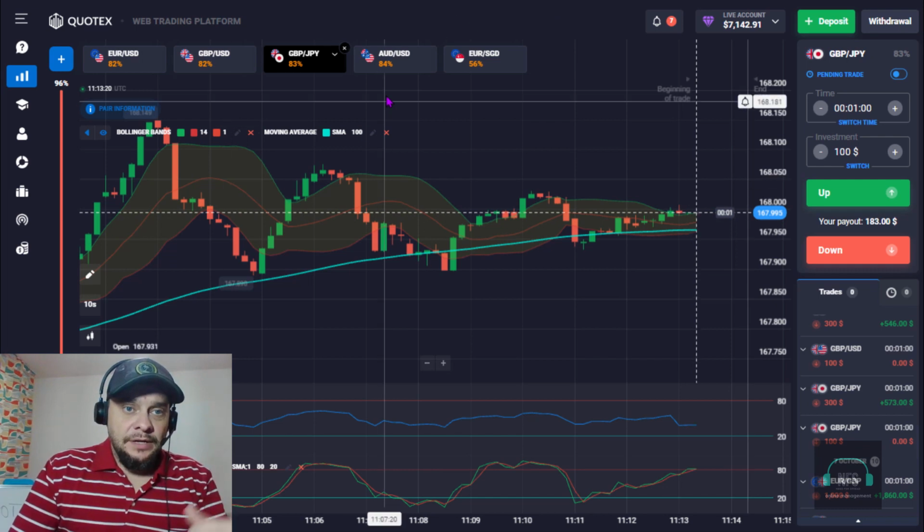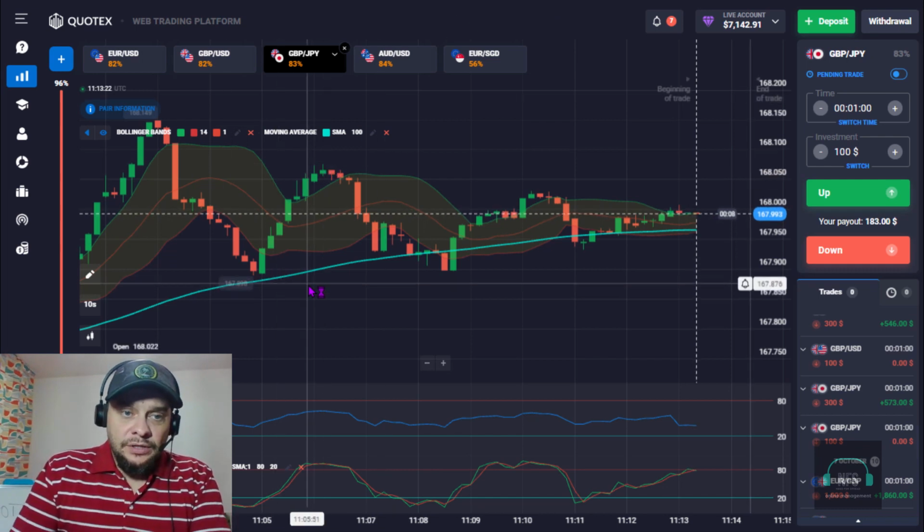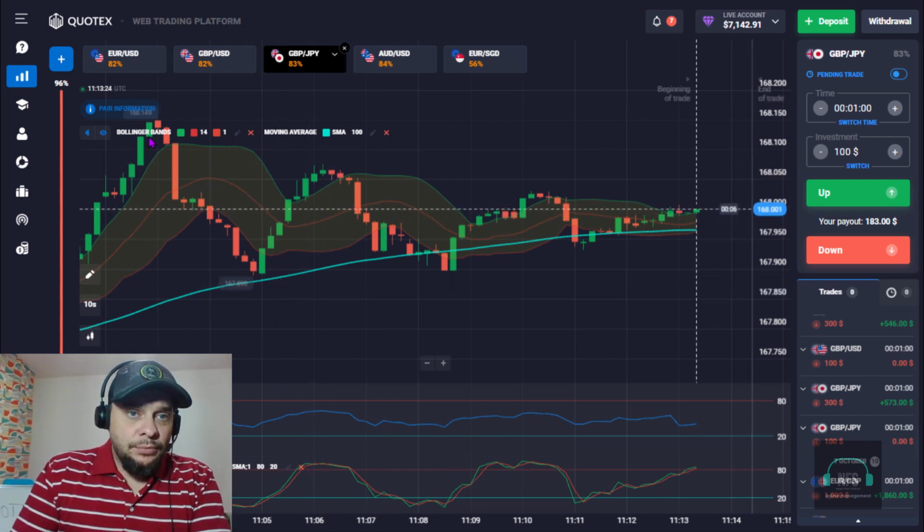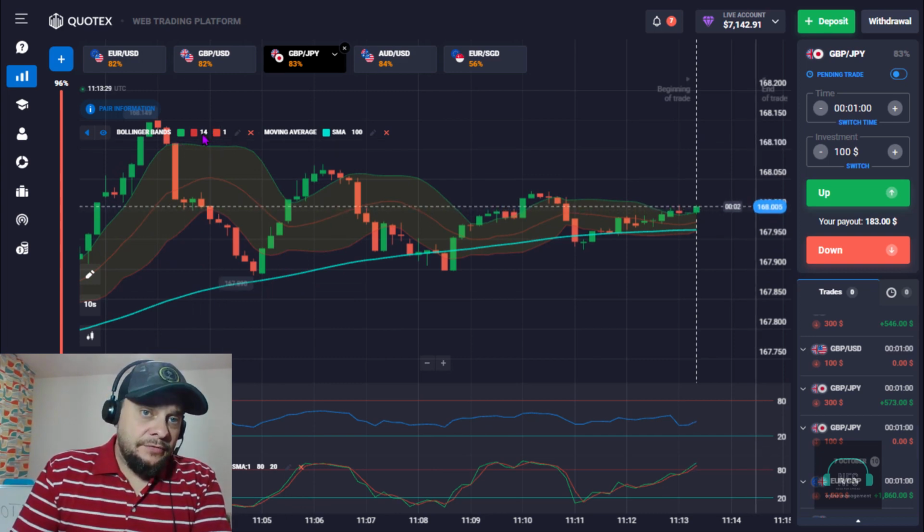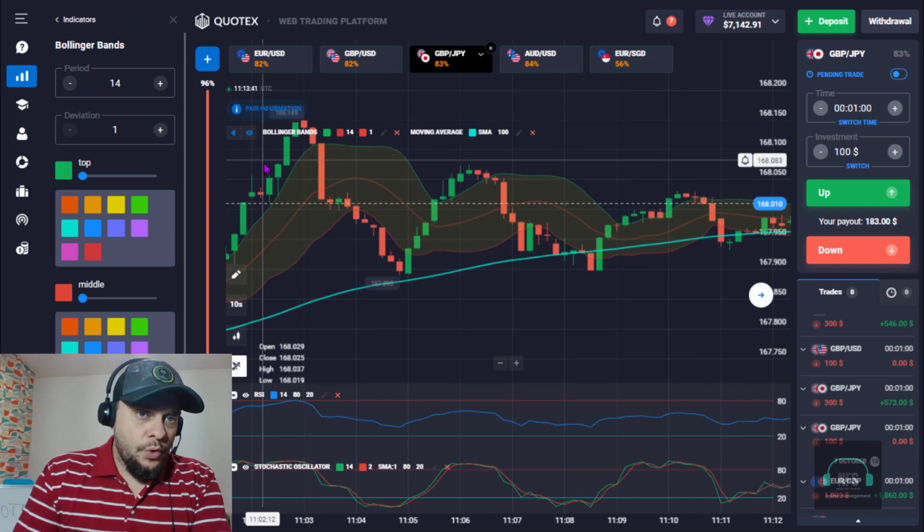So this is pretty much all to do. You will set Bollinger Bands as it shows here with period 14 and deviation of 1.